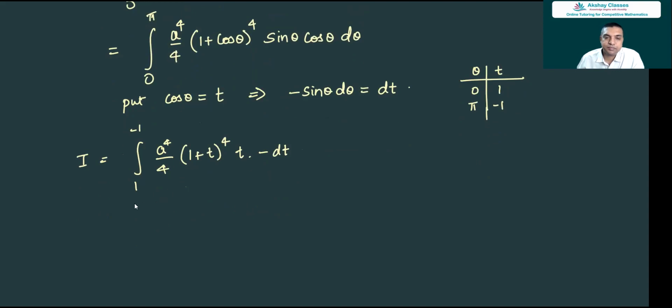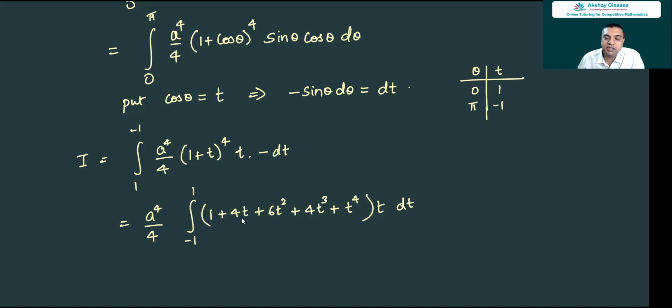Now let us simplify a power 4 upon 4, and the limits of integral change from minus 1 to 1. If we remove this minus sign, then we have 1 plus 4t plus 6t square plus 4t cube plus t power 4, times t.